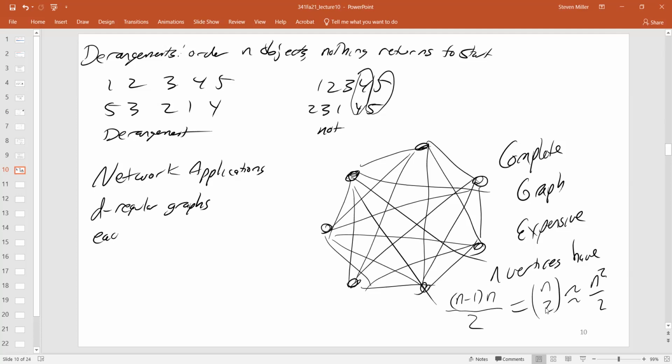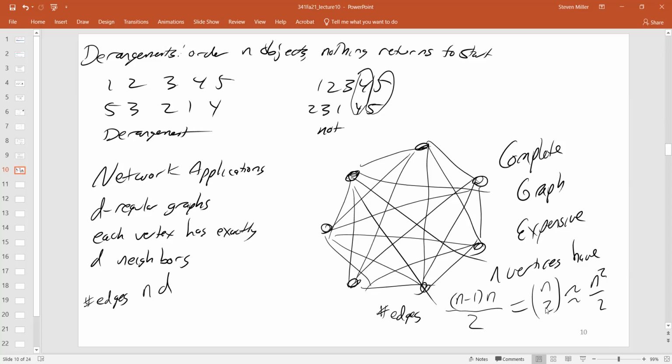And so each vertex has exactly d neighbors. So if each vertex has exactly d neighbors, then how many edges would we have? So we have n vertices times d, right?